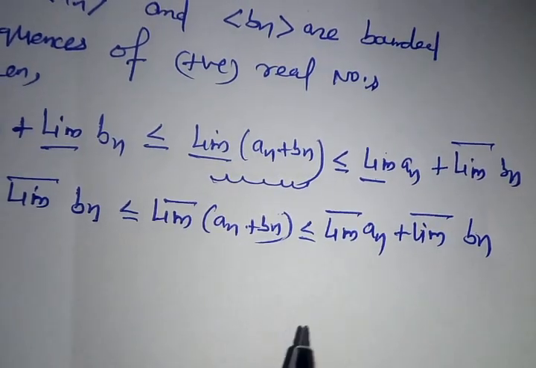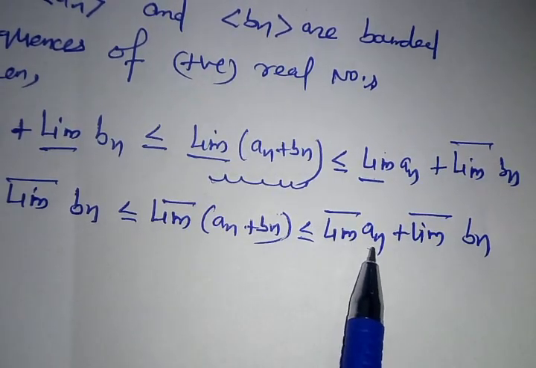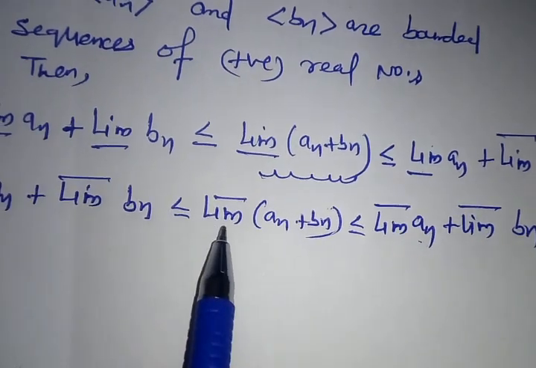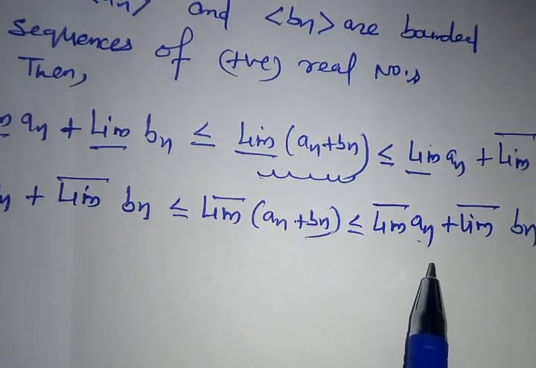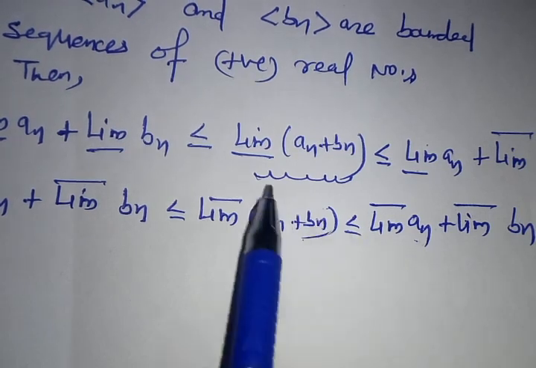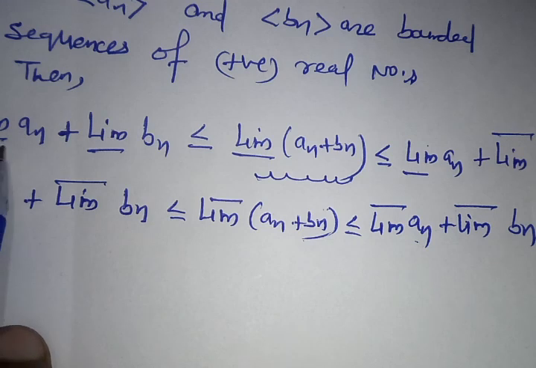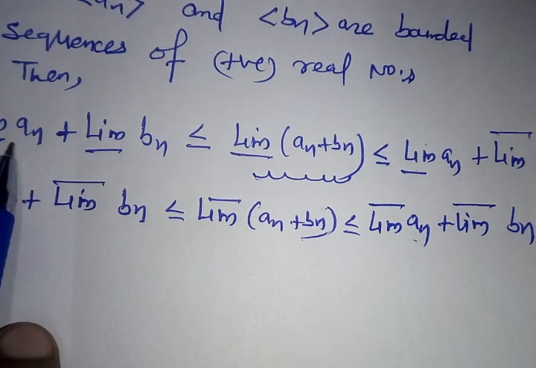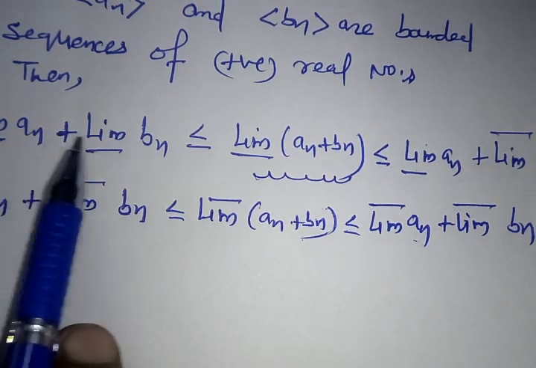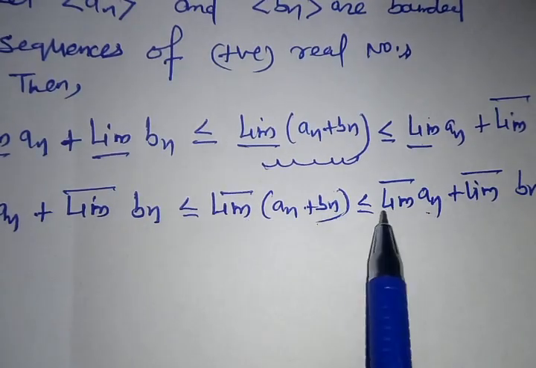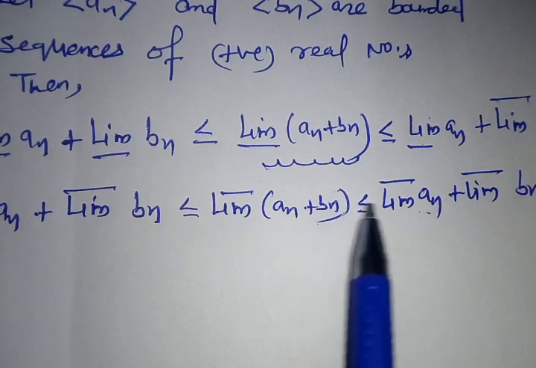Okay, so limit superior of an plus bn is less than or equal to this result. And limit inferior of an plus bn is greater than or equal to the sum of the individual limit inferiors of sequences an and bn, and in case of superior the relation reverses.